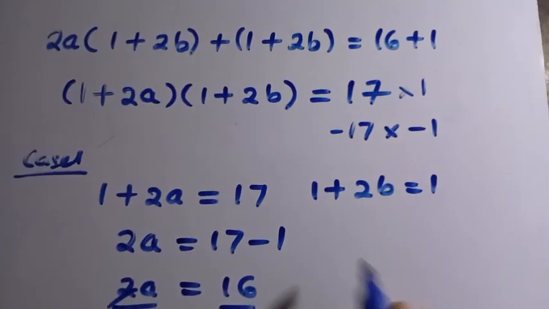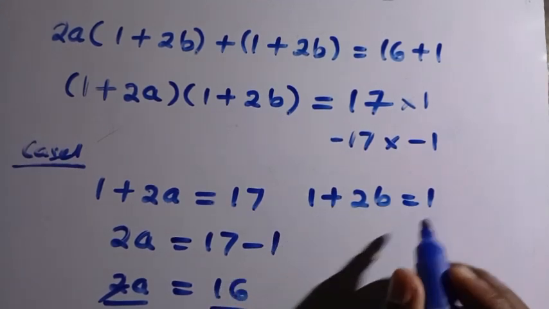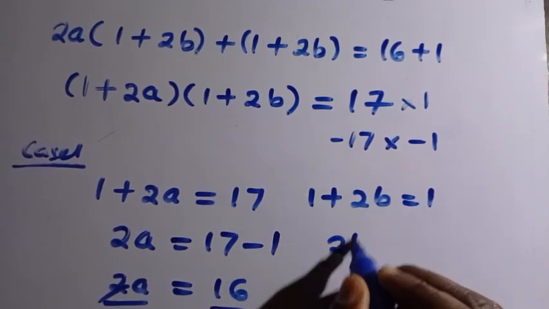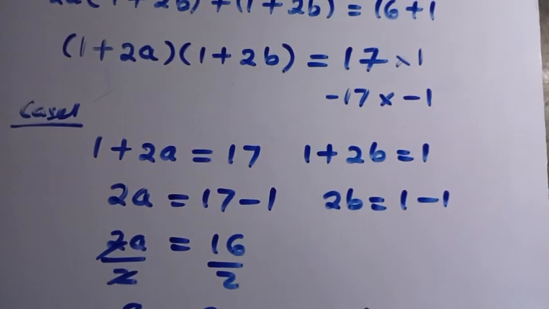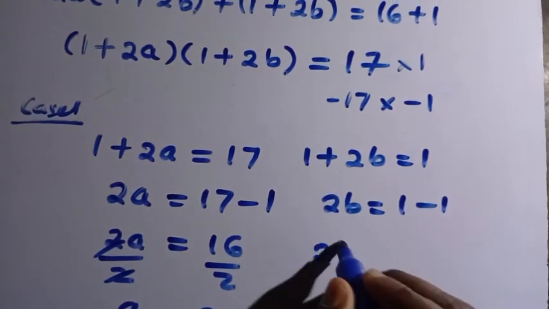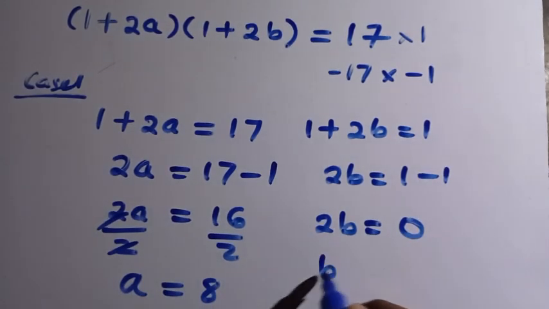And also 1 plus 2b equals 1. By taking 1 to the other side, 2b equals 1 minus 1, so 2b equals 0. Then our b equals 0.